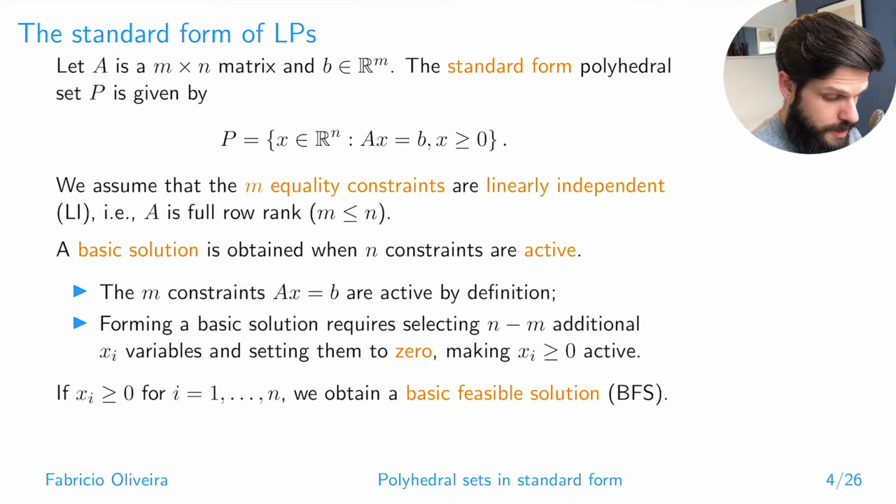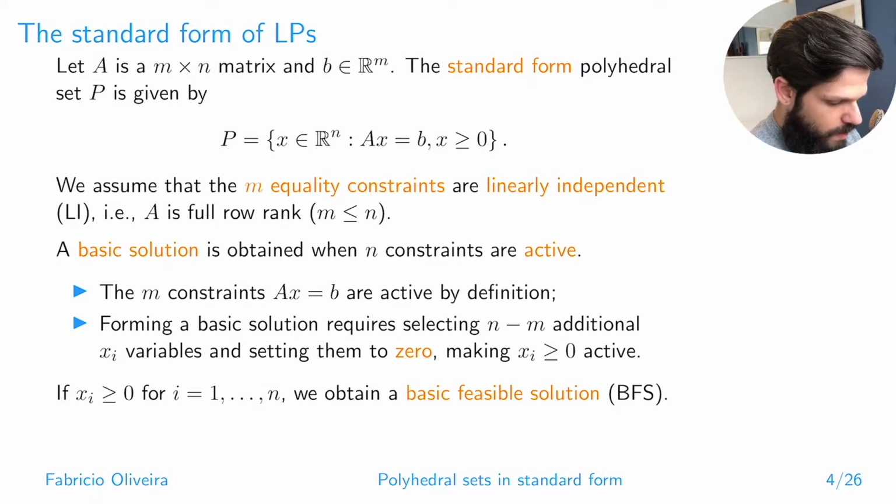The question is, how do you do that? Well, if you pick these constraints and make them active, what you are causing in practice is that the variables for which you pick the constraints are going to have a 0 value associated with them, because the constraint greater or equal than 0 being active means equals 0, right?